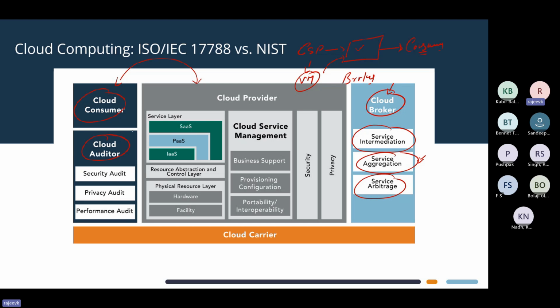So the auditor is one of the entities which will help us to independently verify the product viability in the market, whether in terms of security audit, where we are looking to understand how secure the product is for my data to get stored and managed there. You're also looking for a privacy audit.